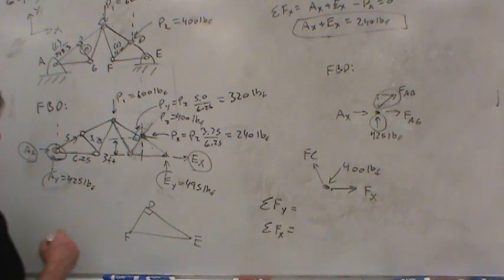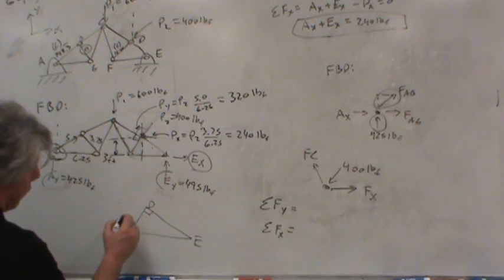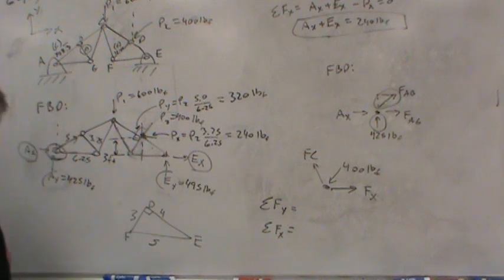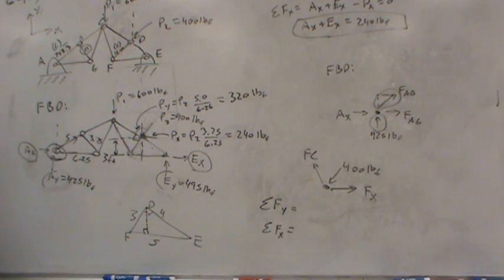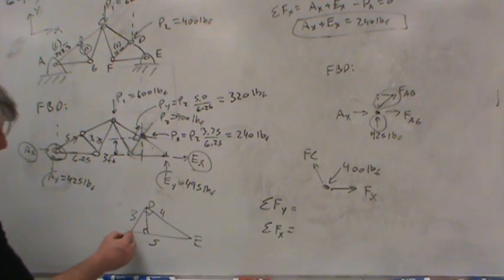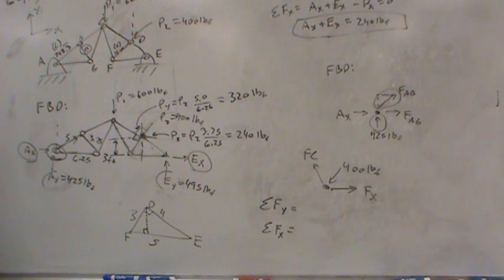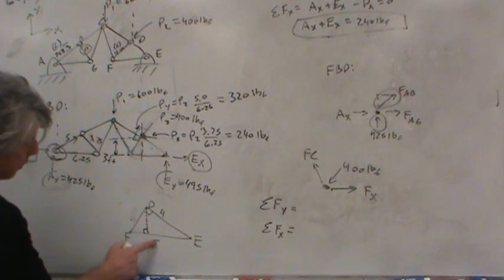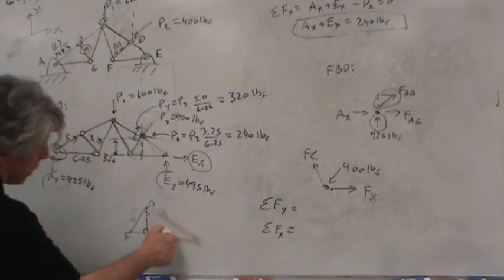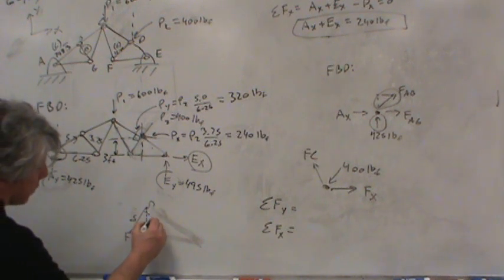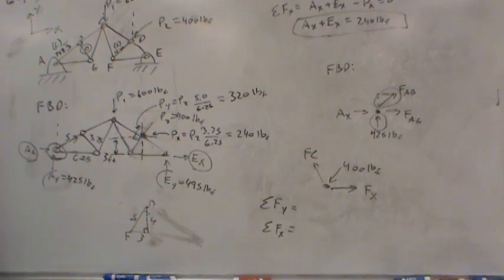We do know that this is a 3, 4, 5. If I drop a line from D so that I have another perpendicular triangle, this one would have to be similar to that one because we've got lines related to the other lines. So yes, this is also a 3, 4, 5 triangle, but now it would look like this. This would be the hypotenuse. It would be like that. Does that make sense to everybody?